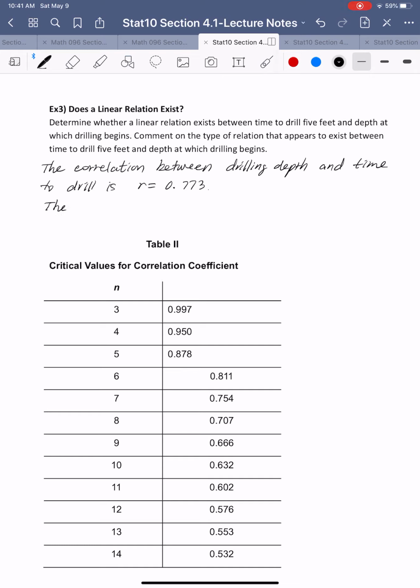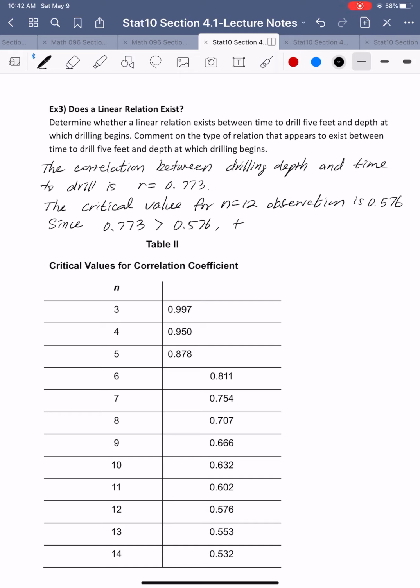and then the critical value that you can use from Table 2, which you can see below, for n equal to 12 observations is, okay, let's find here. So n equal to 12, which is this number, 0.576. Now you need to compare 0.773 with 0.576, and 0.773 is greater than 0.576.